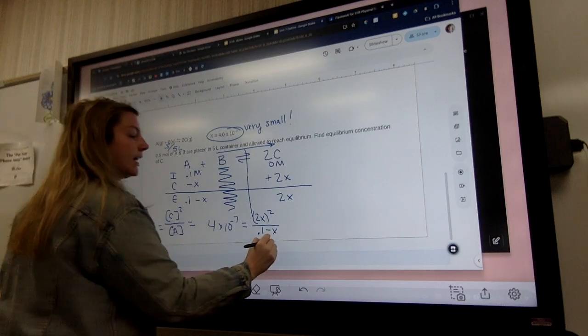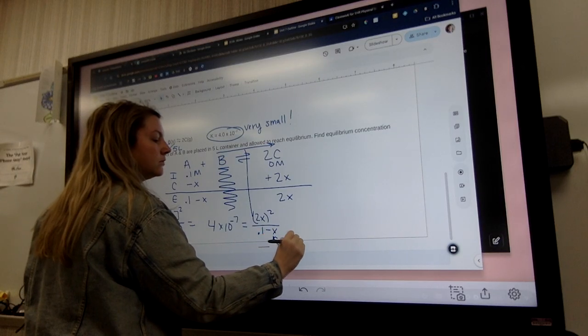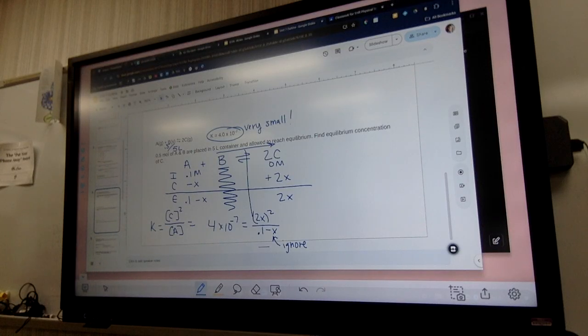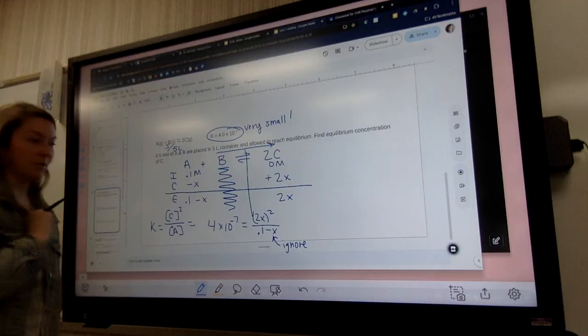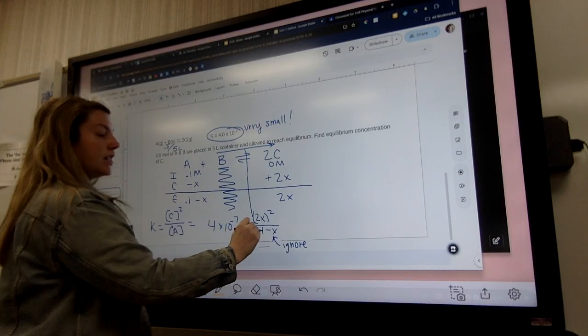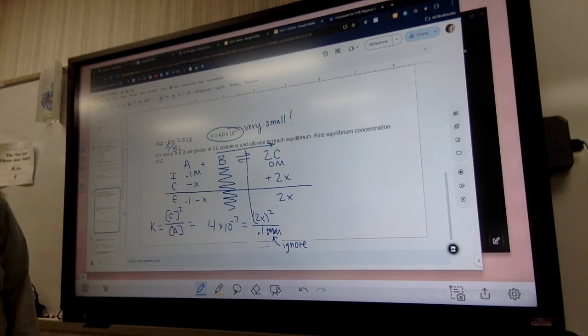So we can ignore this, because it's like subtracting 1 times 10 to the negative 7th from 0.1. It's not going to change it, especially with sig figs. It's still going to be 0.1. Very small is anything 10 to the negative 3 or smaller. Once it gets to about 10 to the negative second, that can cause differences. They usually don't give you those. Usually they're very, very small so that you can ignore it. So we're ignoring this, which makes the math much easier.